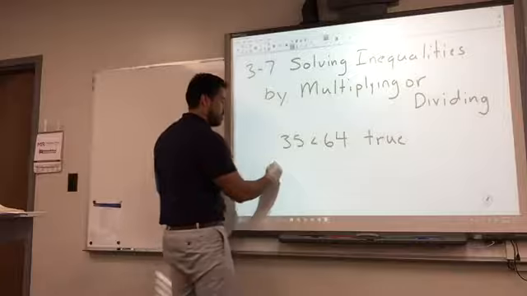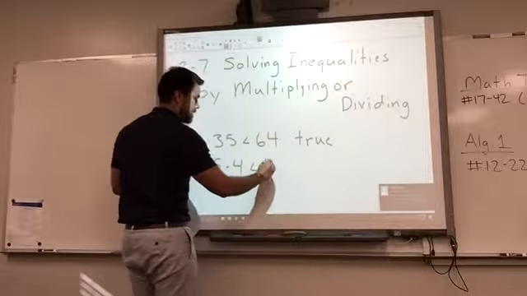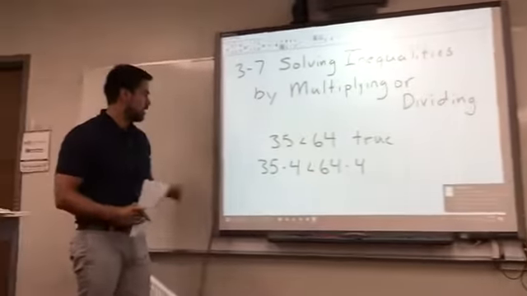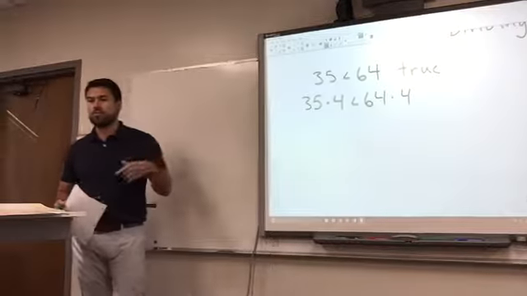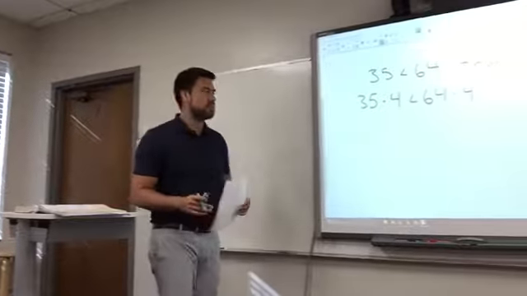So I'm going to do 35, and you can write this down, 35 times 4 and 64 times 4. We're going to multiply both of those and see if you can get it. You can try it mentally, or work it out, but figure out what 35 times 4 is, and then what 64 times 4 is.